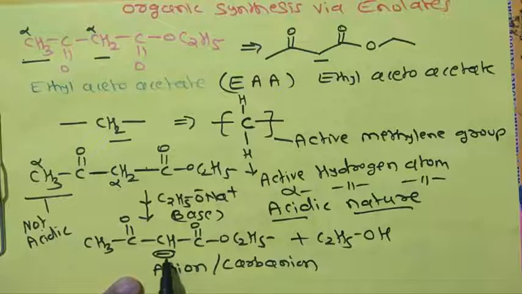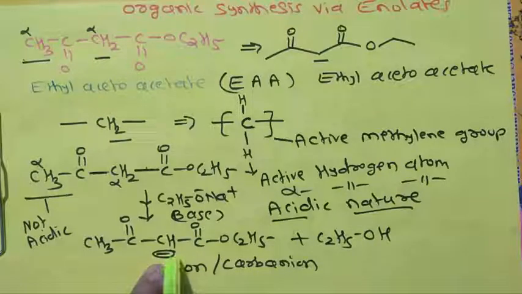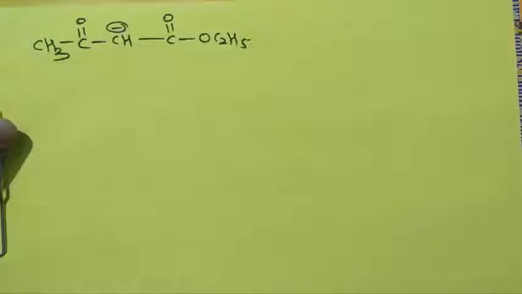This carbanion is very nucleophilic in nature. This carbanion can also be stabilized by the carbonyl group, which means we have to draw the resonating structure of the anion formed.